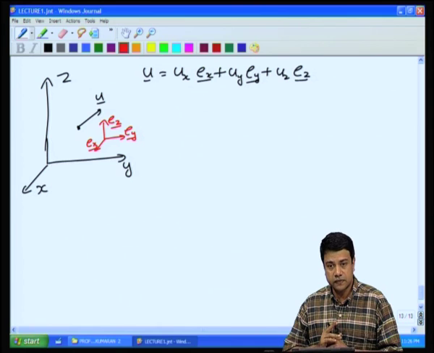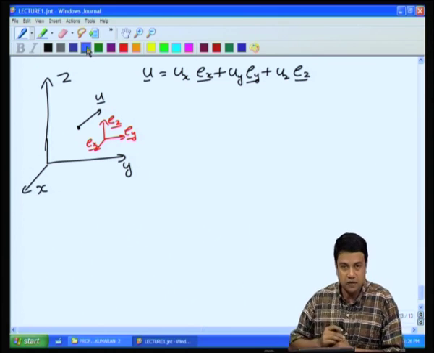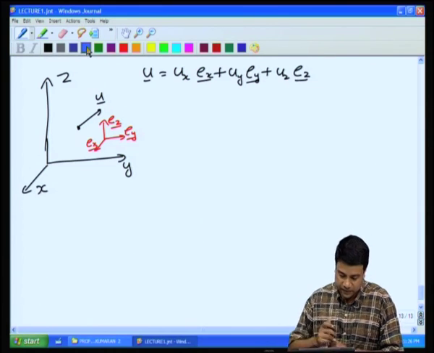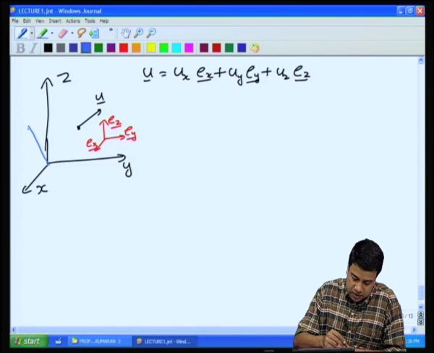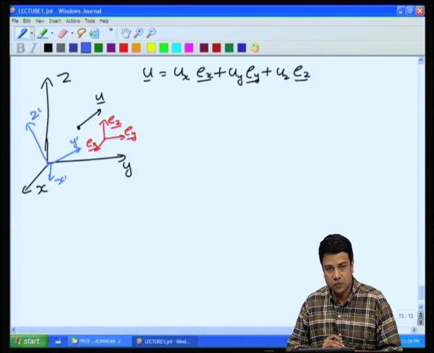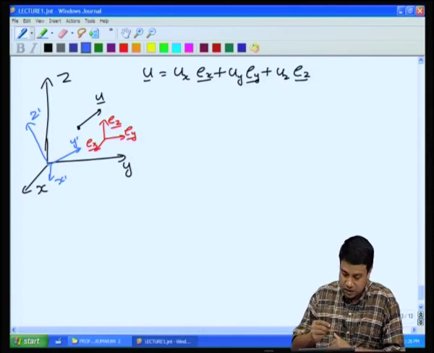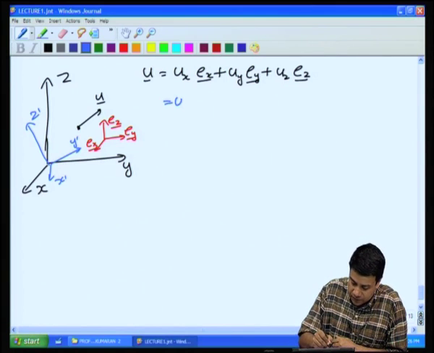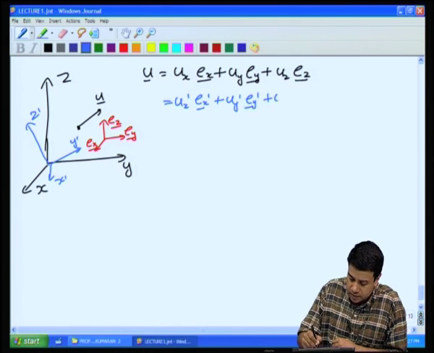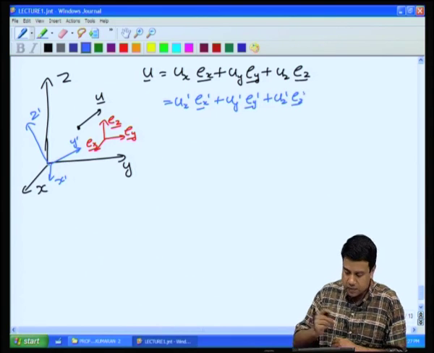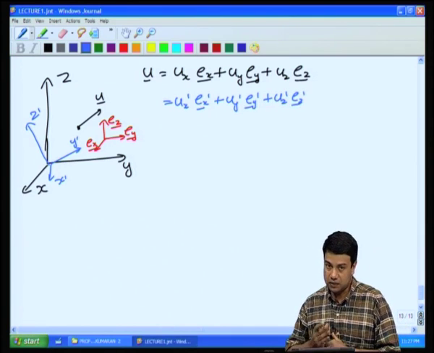However, there are properties of vectors which are independent of coordinate systems. Okay. So, for example, if I were to use a different coordinate system, consisting of x prime, y prime, z prime with 3 unit vectors in those 3 directions, then this will also be equal to ux prime times ex prime plus uy prime times ey prime plus uz prime times ez prime, and you get 3 other components.